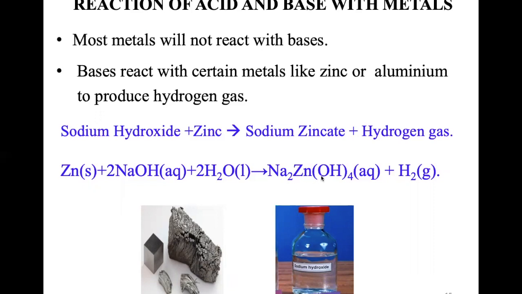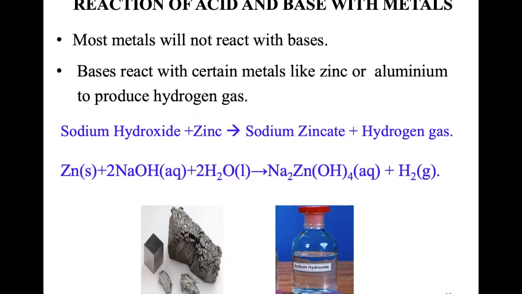Now, zinc and aluminium are considered as amphoteric metals. So again, a question over here: which metals are amphoteric in nature? The examples are zinc and aluminium. So remember, not all the metals react with base. Amphoteric metals react with base, and the examples of amphoteric metals are zinc and aluminium.